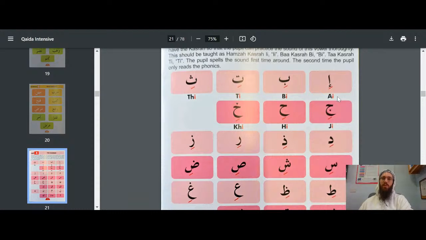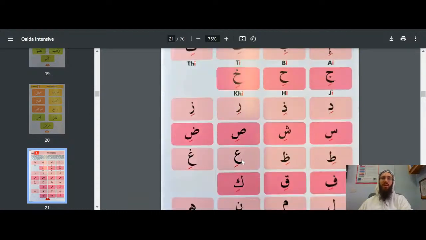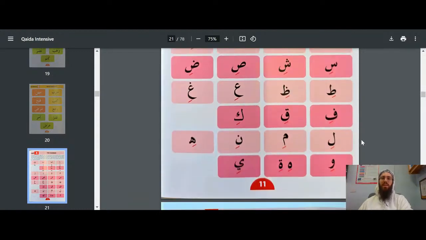Here we have the letters with the kasra, which is just that dash underneath. So there's a dash above or there's a dash underneath. And then the dhamma is that other little symbol that goes above. So here is the kasra, dash underneath. Bi, ti, and so on through the letters.